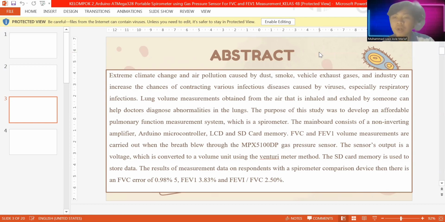The sensor's output is a voltage which is converted to a volume using the Venturi meter method. The SD card memory is used to store the data, the result of measurement data on respondents with a spirometer compared with a commercial device.